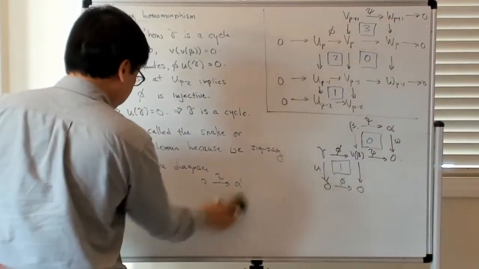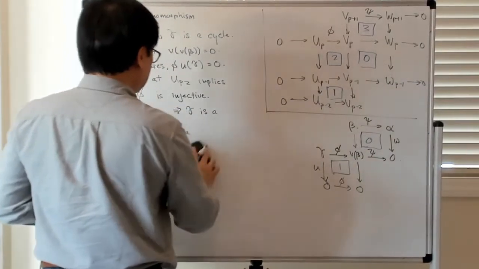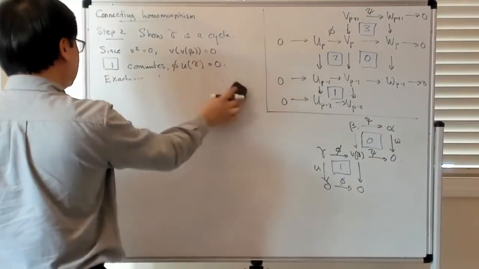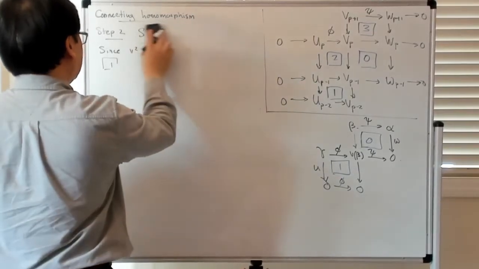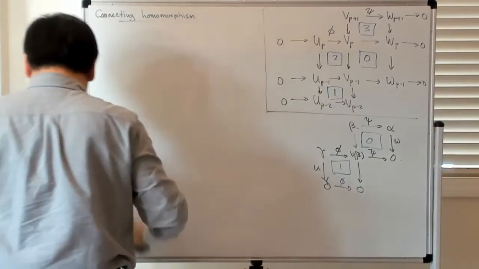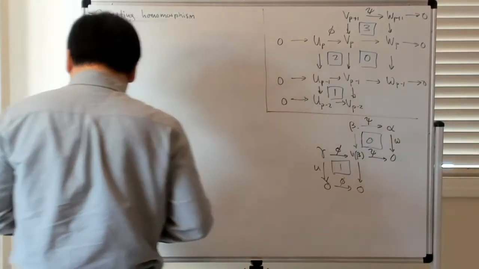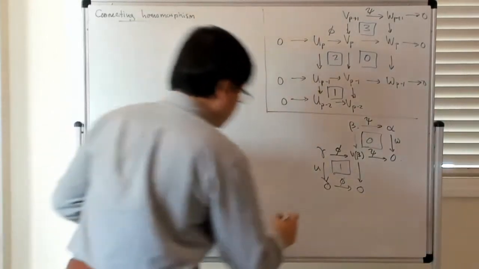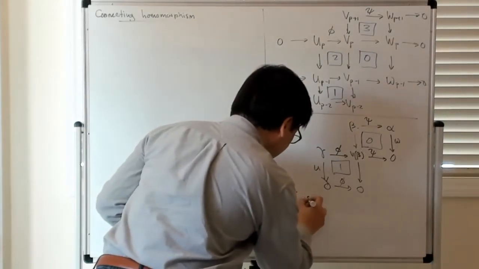All right. Anyway, so we've shown a candidate gamma. We showed that gamma actually is a cycle, so it can potentially be a generator of a homology class. Okay, so gamma is a cycle.